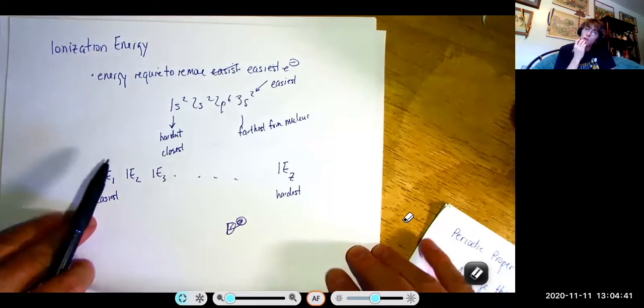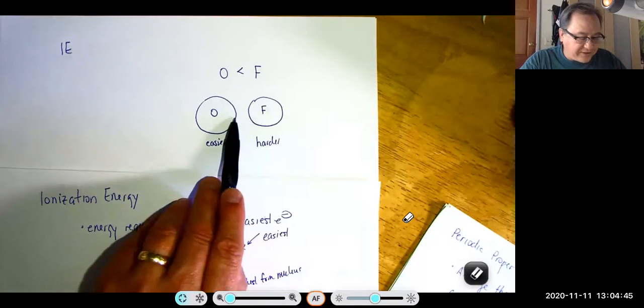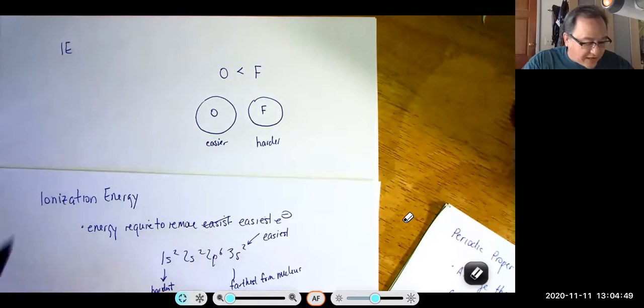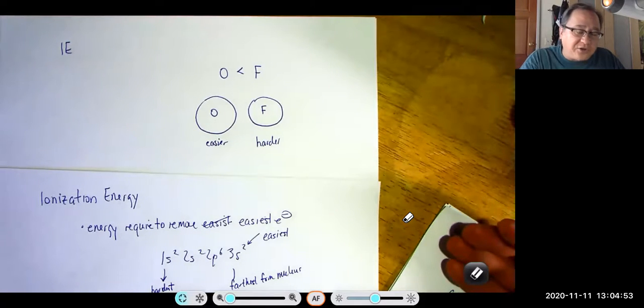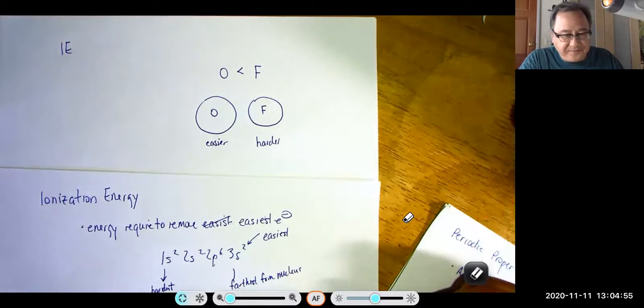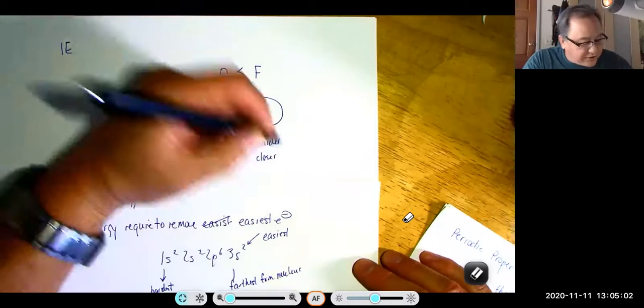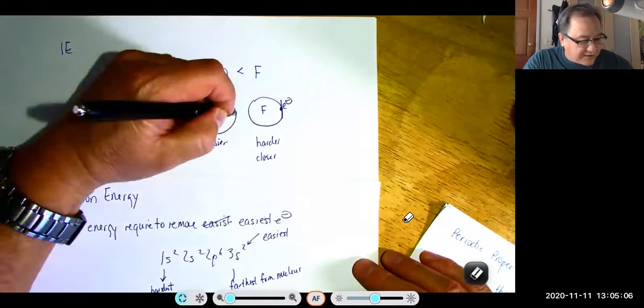Okay, the closest is fluorine. So that's why fluorine is harder. You're taking away an electron that's closer to the nucleus. Here you're taking away this electron, versus this electron here. Which one's closer?